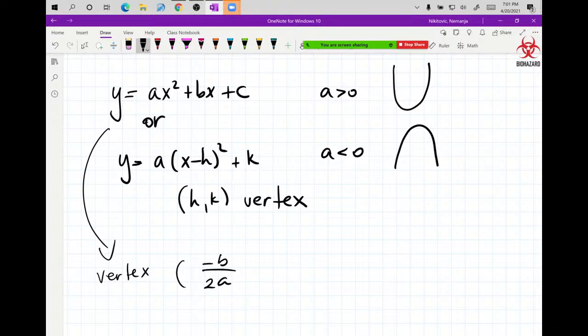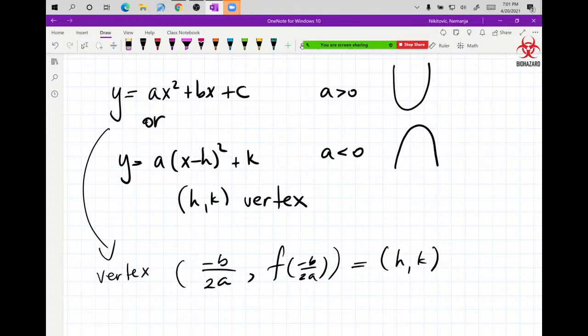My brain had a twitch and I couldn't remember it. So negative b over 2a, and when you calculate f of negative b over 2a, you would come up with the k. So (h, k) can be computed using the abc form as well. Now we did say that you can transfer that form into the standard form by use of completing the square.